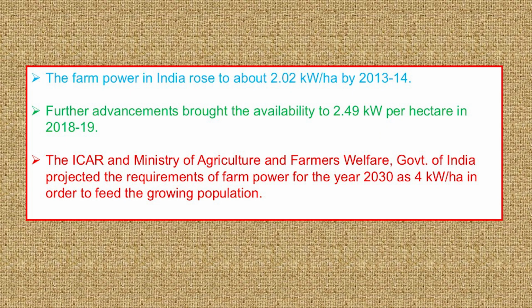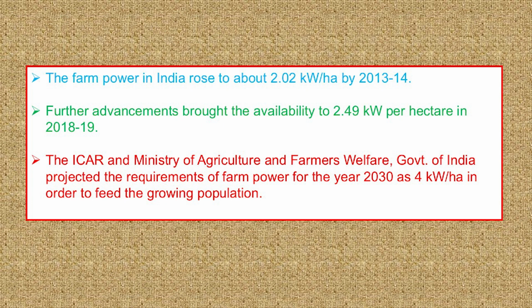Now the ICAR, Indian Council of Agricultural Research, and the Ministry of Agriculture and Farmers Welfare, Government of India, are projecting the requirement of farm power in Indian agriculture by 2030 as 4 kilowatt per hectare.